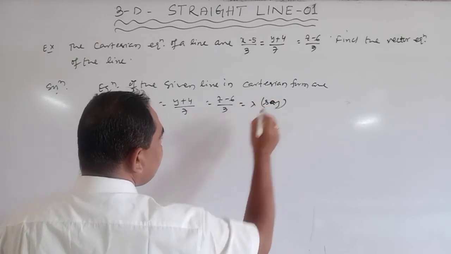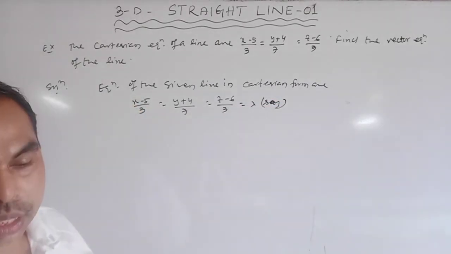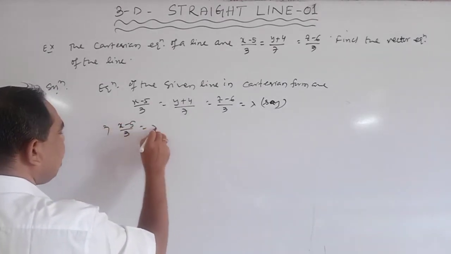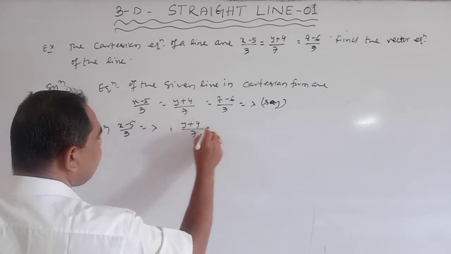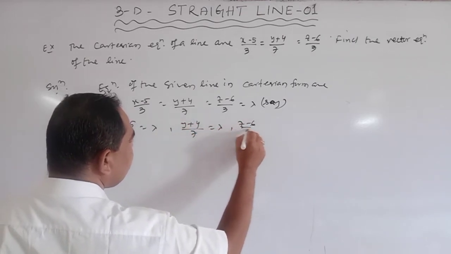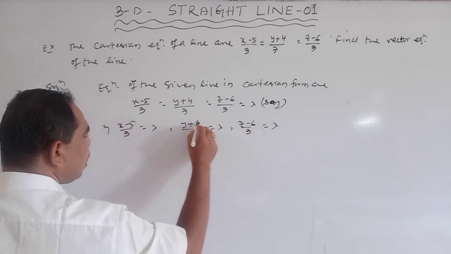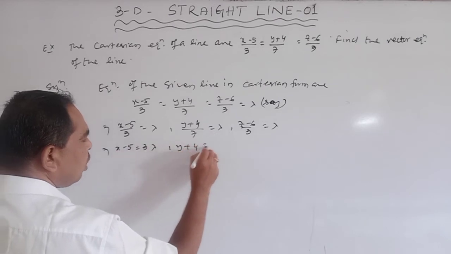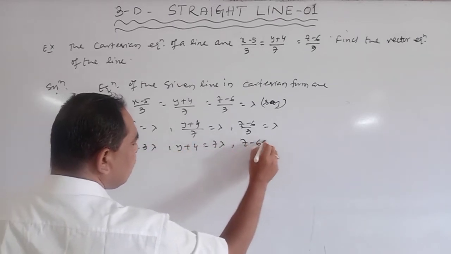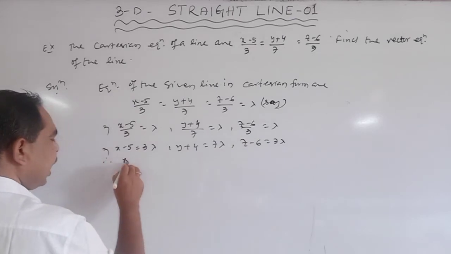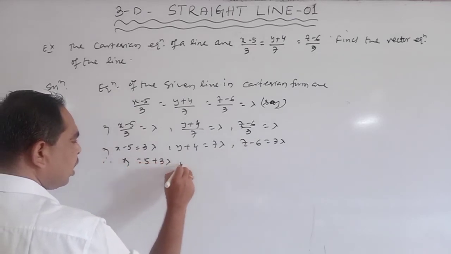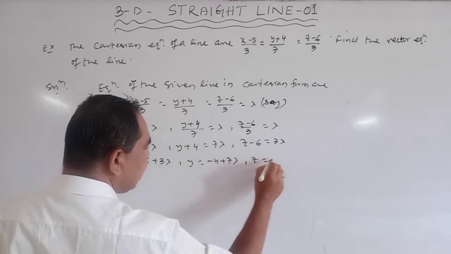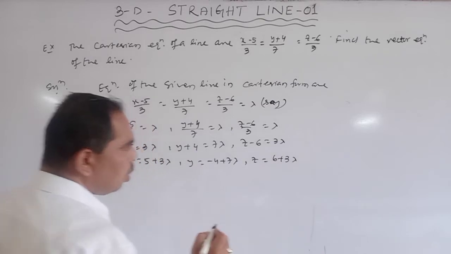So this implies (x minus 5)/3 is equal to lambda, (y plus 4)/7 is equal to lambda, (z minus 6)/3 is equal to lambda. So x minus 5 is equal to 3 lambda, y plus 4 is equal to 7 lambda, z minus 6 is equal to 3 lambda. Therefore x is equal to 5 plus 3 lambda, y is equal to minus 4 plus 7 lambda, z is equal to 6 plus 3 lambda, for lambda any scalar.